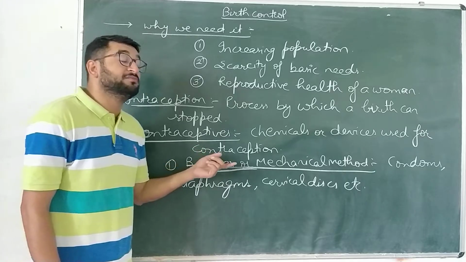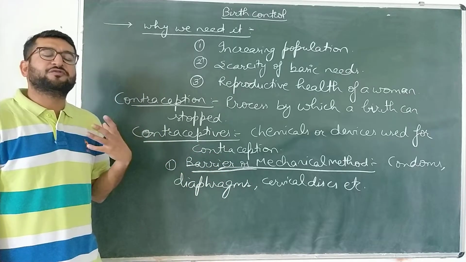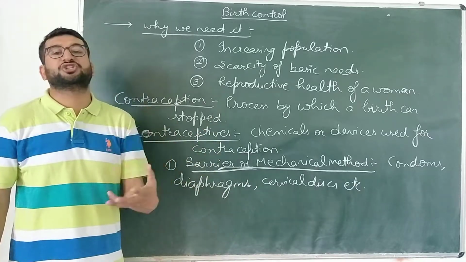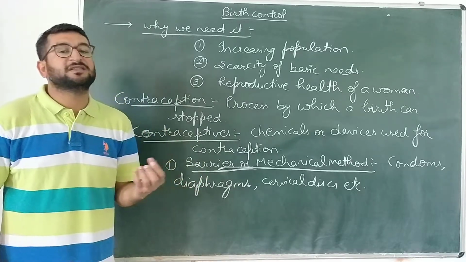The female condoms are known as femidomes. They do not allow the fusion of male and female gametes and thus prevent fertilization. If fertilization is not there, the zygote will not form, and henceforth we can prevent unwanted pregnancy.